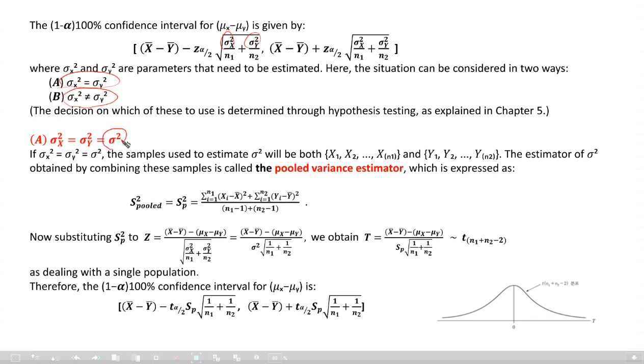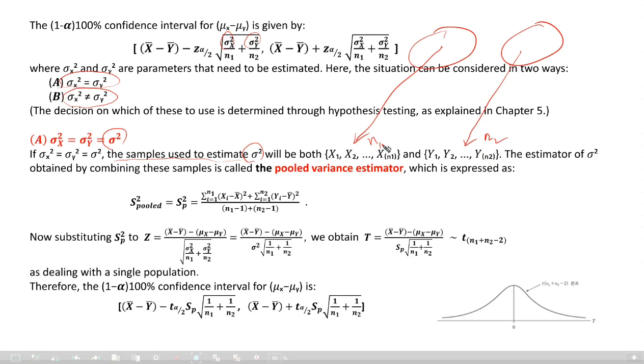So we have to estimate sigma square from samples. The samples used to estimate sigma square will be both of them: x1 up to xn1, and y1, y2, up to yn2, which are n2 many, and here n1 many.